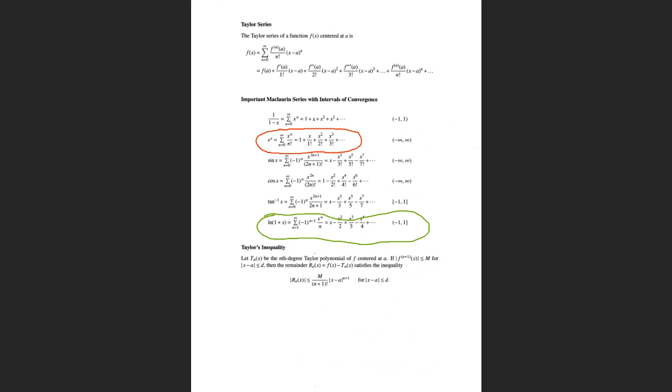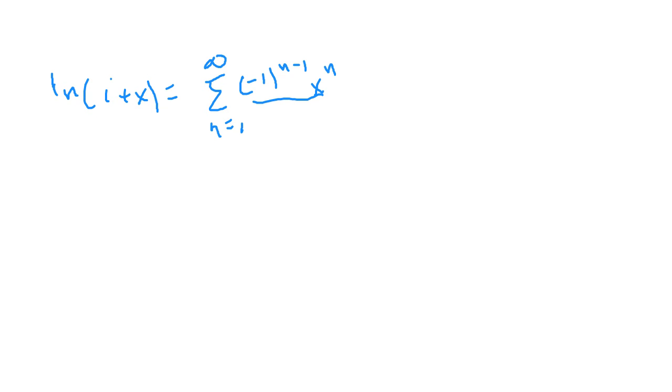This is really review, because we did this last week. So the natural log of 1 plus x, its Maclaurin series, okay, starts at n equals 1. And this is that Maclaurin series.